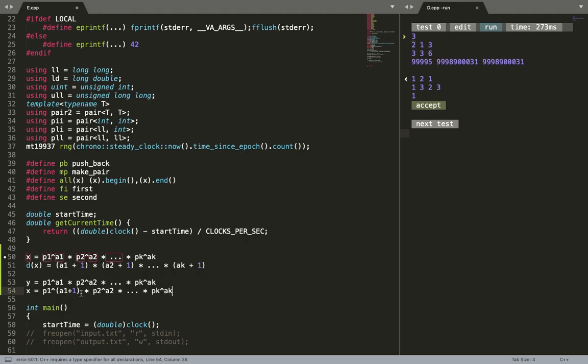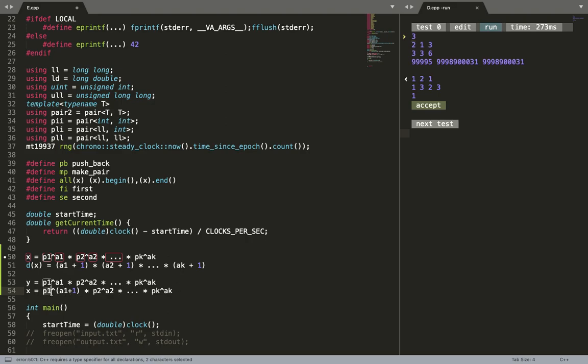What are the numbers that x has but y doesn't have? The divisors of x are numbers that have the same primes but maybe in lower powers.